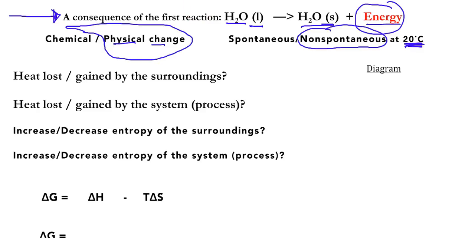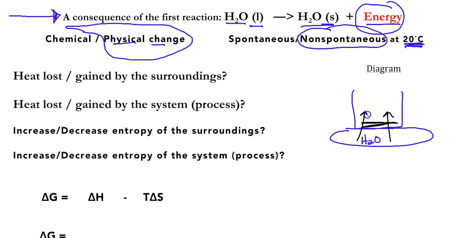So if we draw ourselves a diagram, this being the beaker with the chemicals in it, I guess we're going to make them black. And this is the water underneath. And we know the heat flowed from the H2O, the water, to the chemicals. That's the only way it can happen.